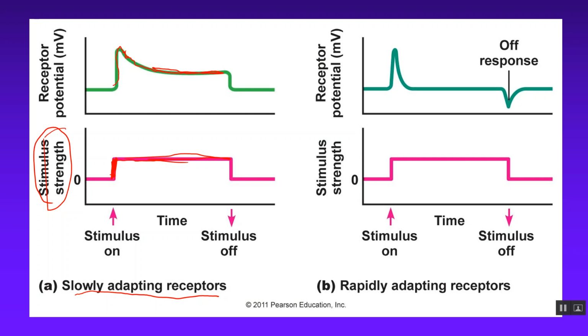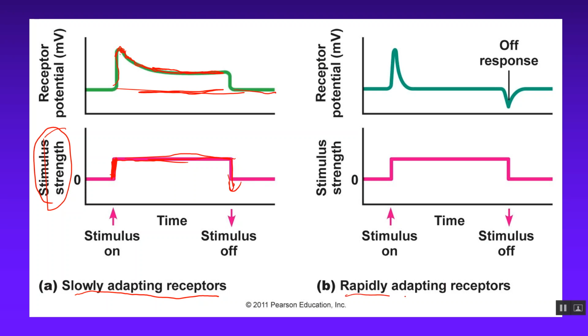The stimulus is being maintained at the same level, but you get an initial little burst, then it falls off, but it's still greater than zero. It's still above that base point. And then once you take the stimulus off, it falls back to its baseline.